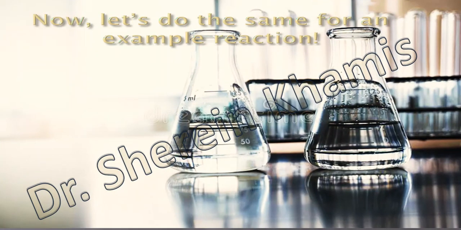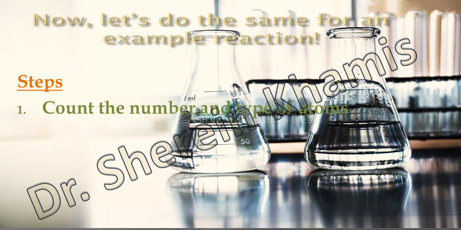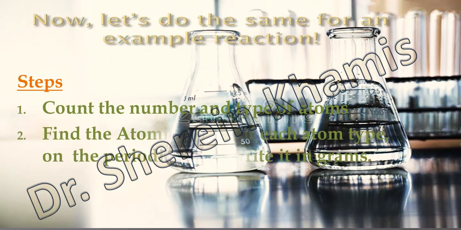Okay, let's go to another point, or we can take an example inside a reaction. If we want to calculate the molar mass, the first step is to count the number and type of atoms. The second is to find the atomic mass of each atom type on the periodic table.